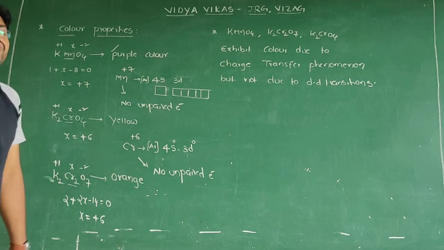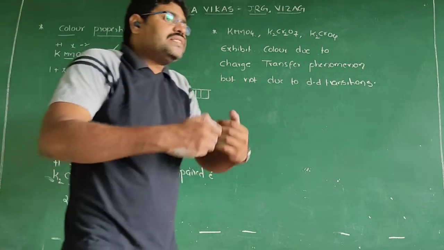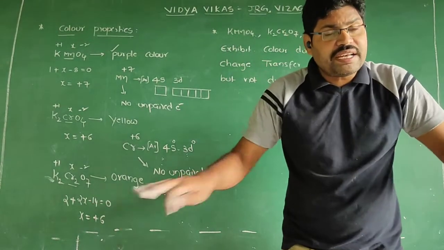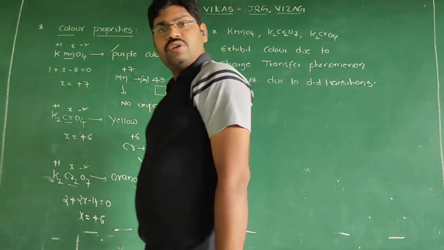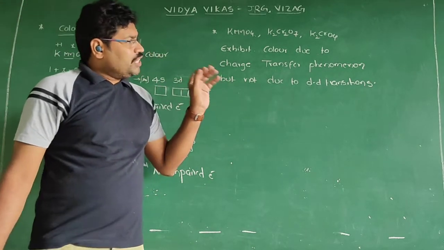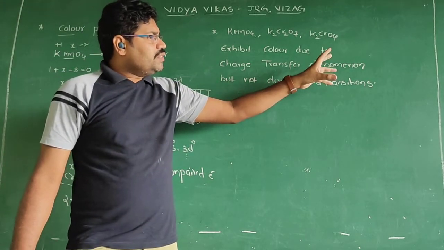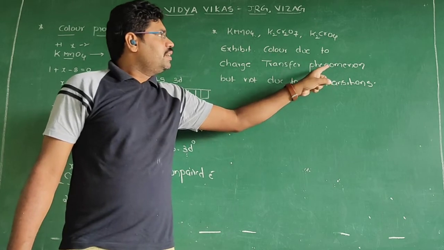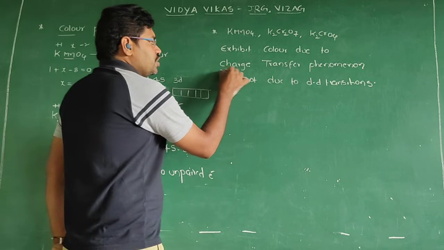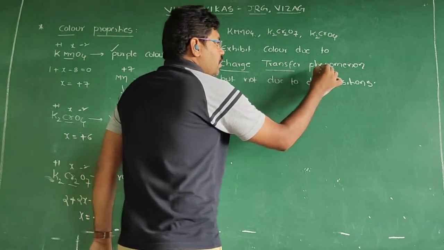Once there is no unpaired electron, how can an electron jump from lower level to higher level? So there is no chance for dd transitions. Is it clear? So that's why we look for a new phenomenon which is responsible for the color exhibited by these compounds, and that is nothing but charge transfer phenomena.